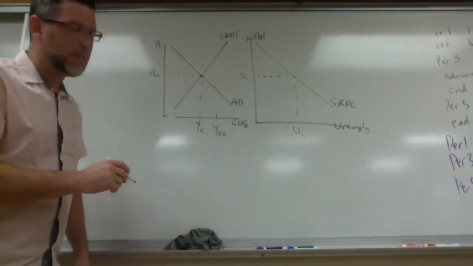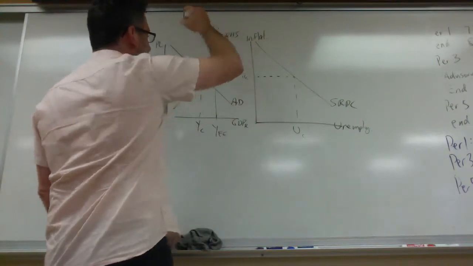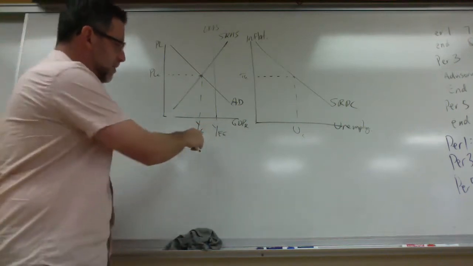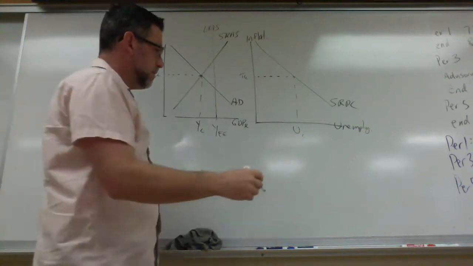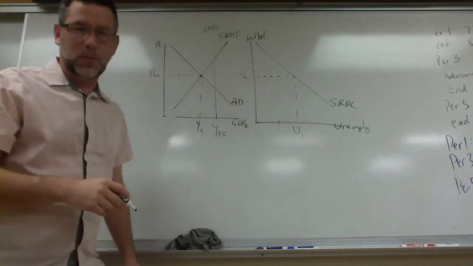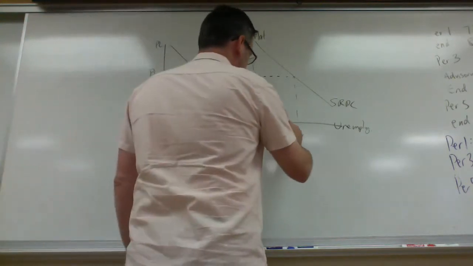So there's full employment. So then I put my long run aggregate supply right there, right? Well, see how this is to the right? Because this is mirrored, my full employment unemployment level, what we call the natural rate of unemployment.